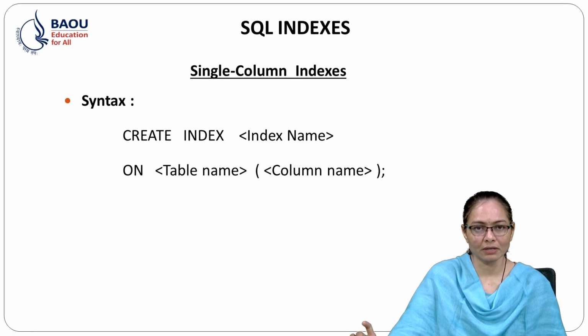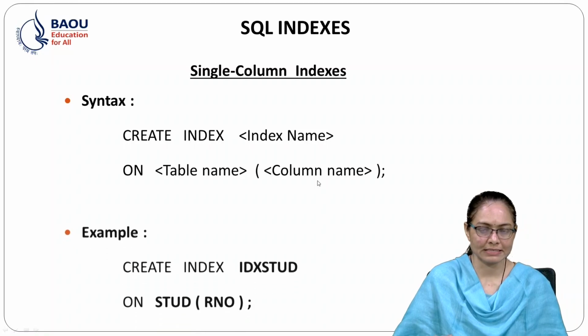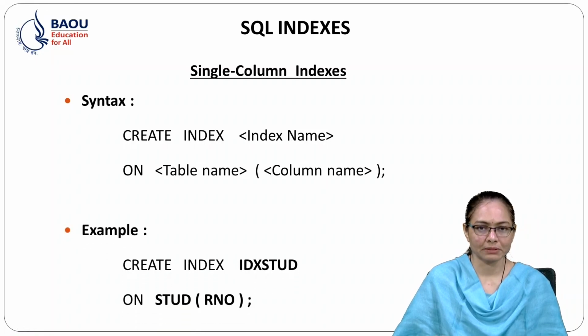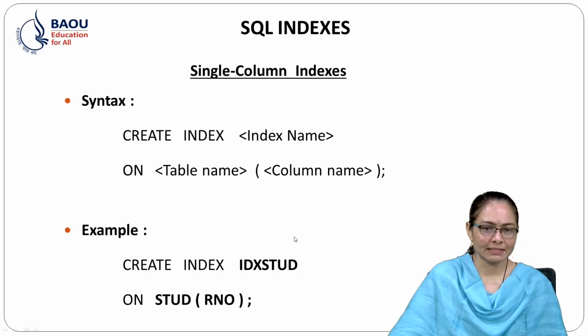If you want to learn SQL, then you want to learn these syntaxes. Now: create index, index name, on table name, in the bracket column name, and then semicolon. See the example: create index idx_stud on stud, in the bracket roll number.